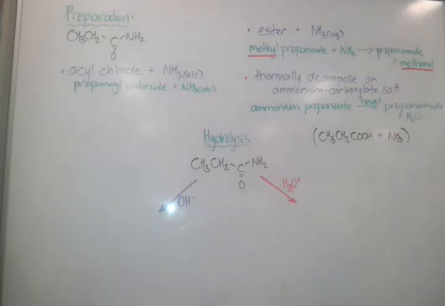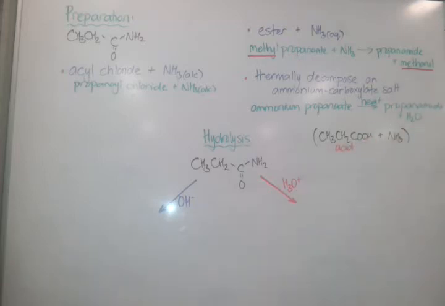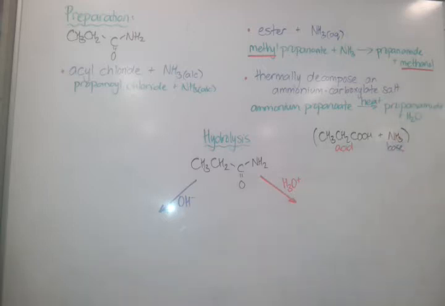However, because one of them is an acid, and because one of them is a base, they do not exist together. So what has to happen is if it's in acidic conditions, the base must turn into its conjugate acid. And if it's in alkaline conditions, the acid must turn into its conjugate base. So this is what it looks like.